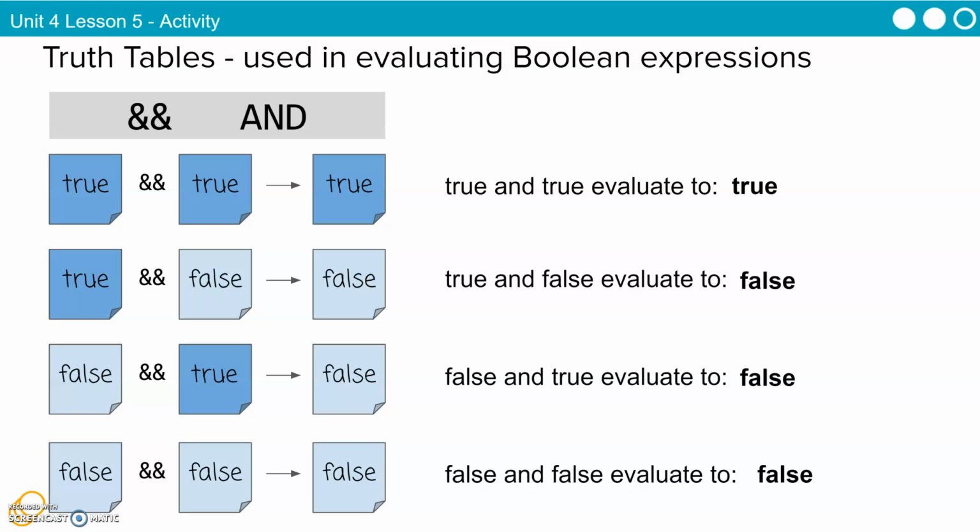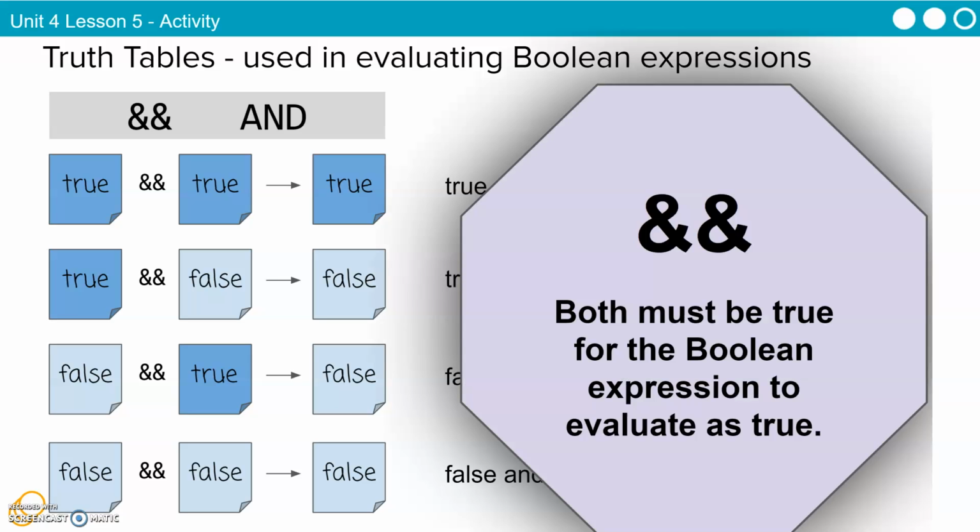So here's this idea that if something is true and true, well, then it better be true. But if anything is true and false, it's going to evaluate to false, because we always go with, in an and situation, false wins. So in this case, if you have two things that are true at the same time, will the expression evaluate to true?